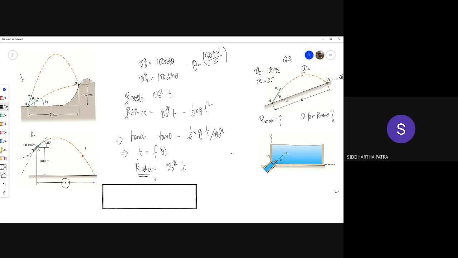Now your goal is to maximize this t, because see, this v0x is a constant, this cos alpha is a constant. So all you have to do to maximize r is to maximize t, okay. And that t you'd get from here.